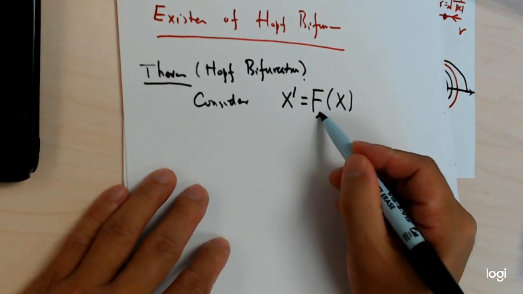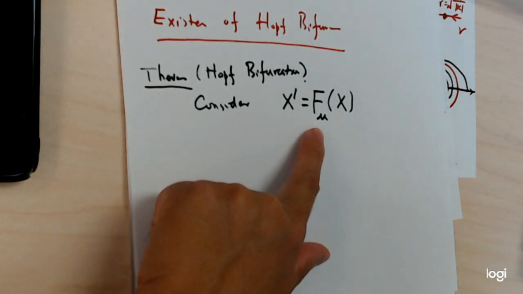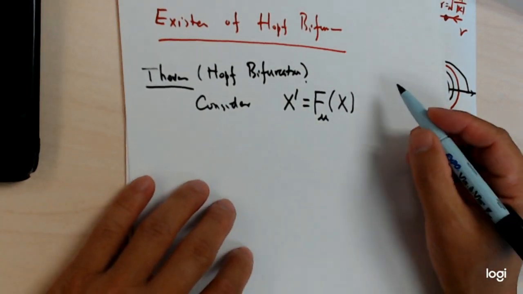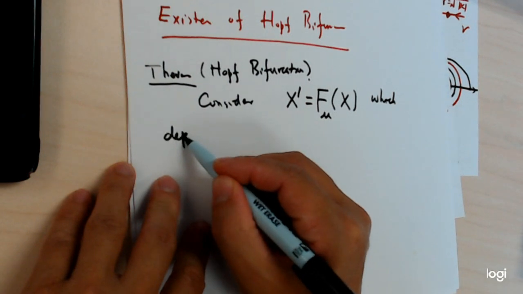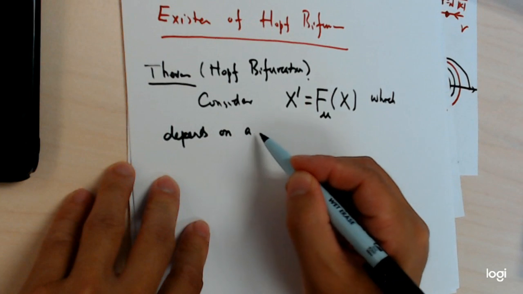F depends on mu, because mu is the bifurcation parameter. So this just means a function that has parameter mu in there.